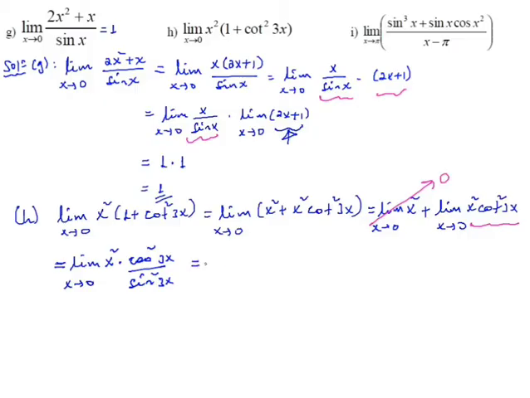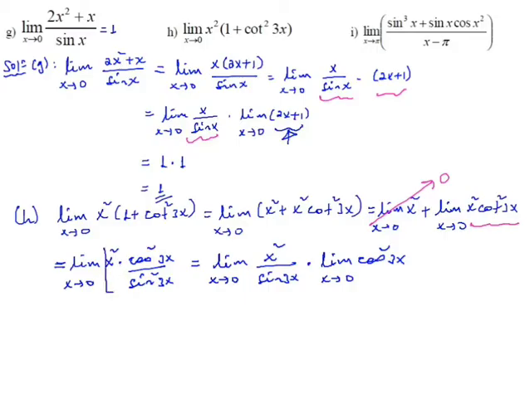This can be written as the limit of x square over sine square 3x as x approaches 0 times the limit of cos square 3x as x approaches 0. We can split like this.